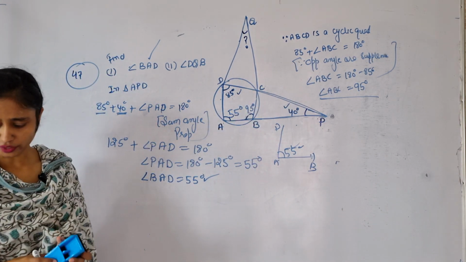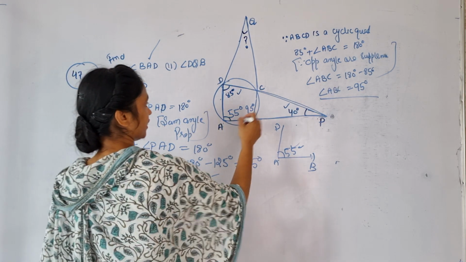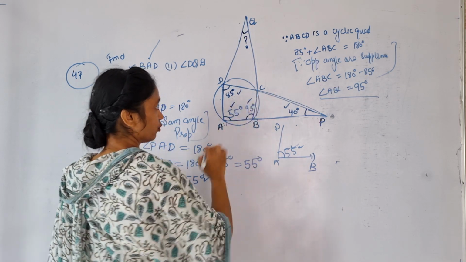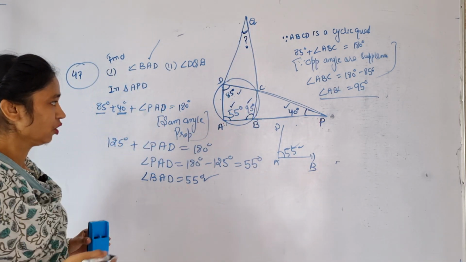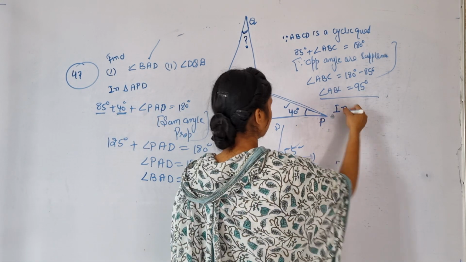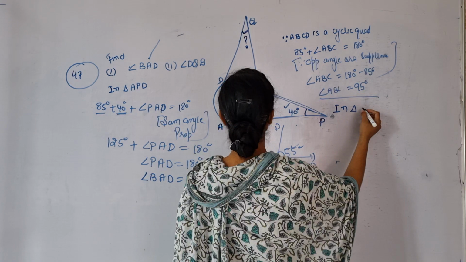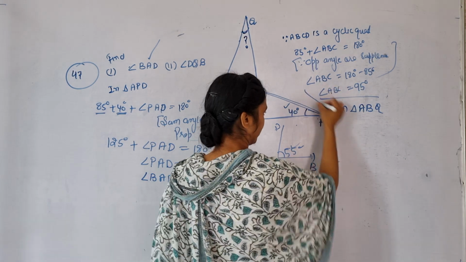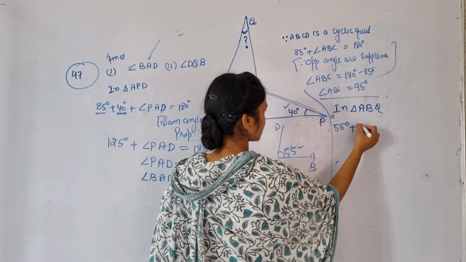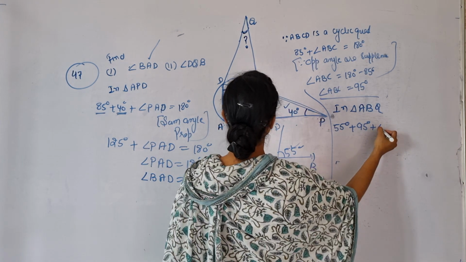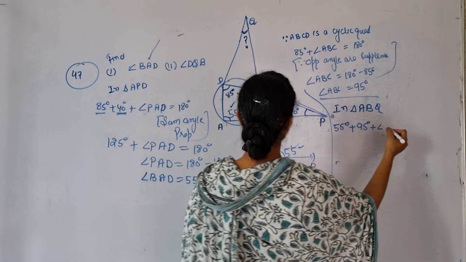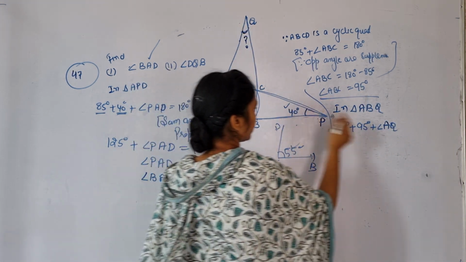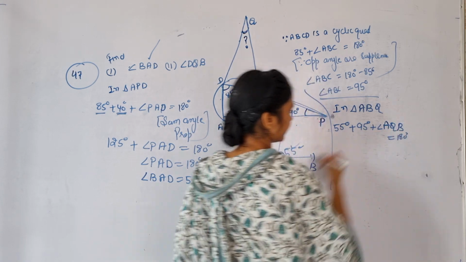Okay, so if we take triangle ABQ, in this triangle ABQ, two angles we have calculated, we can calculate the unknown angle over there. Now in triangle ABQ, two angles are already calculated, 55 degree plus 95 degree plus angle AQB is equal to 180 degree.